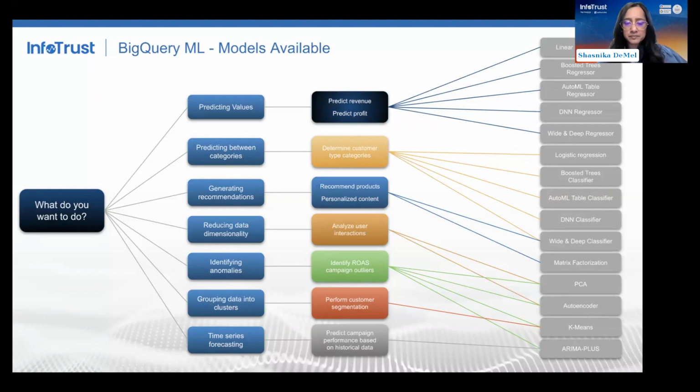So for example, it supports predicting revenue, classifying users into high value, loyal, at-risk segments, generating product or content recommendations by personalizing it to user behavior, performing customer segmentations using clustering techniques, etc. All these options are possible. And on the right-hand side, these are different models that are available within BigQuery ML for you to get started.